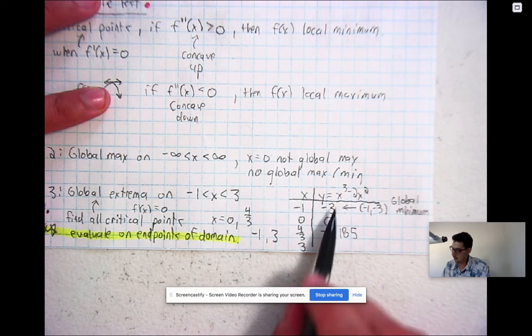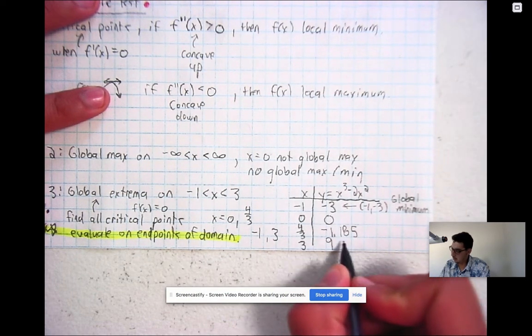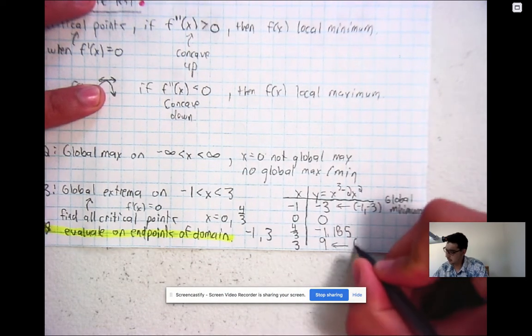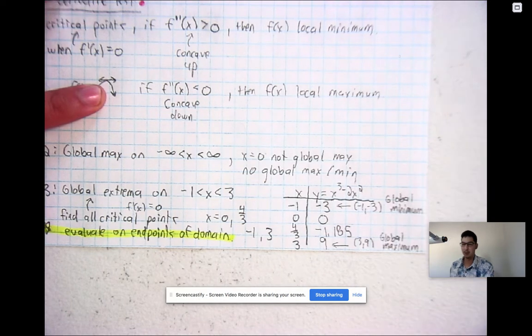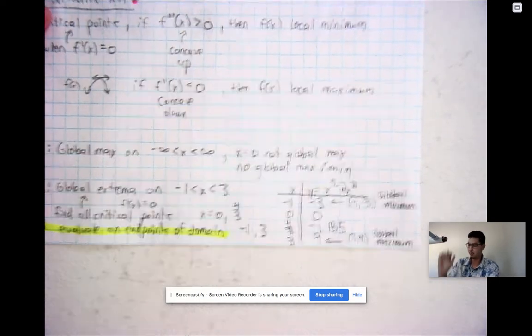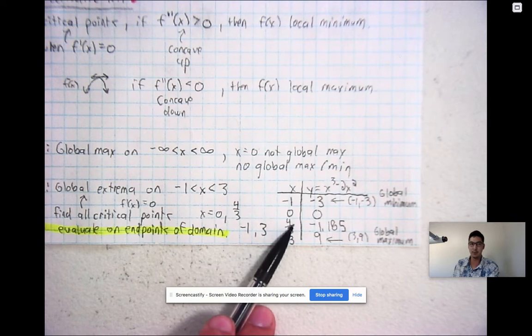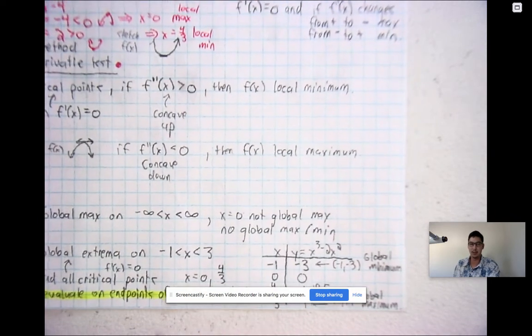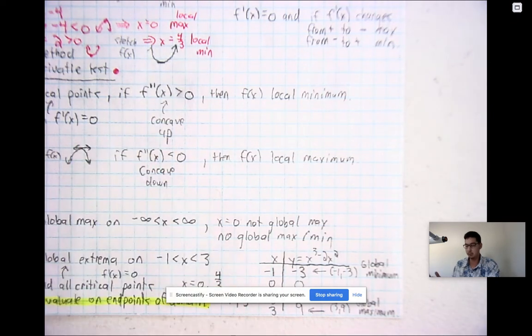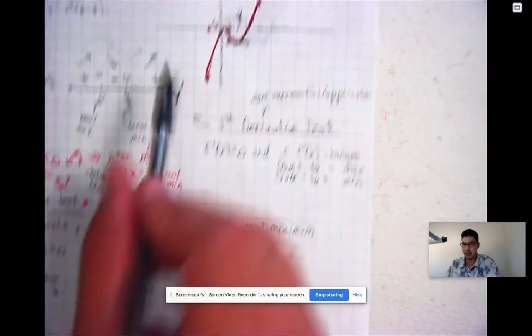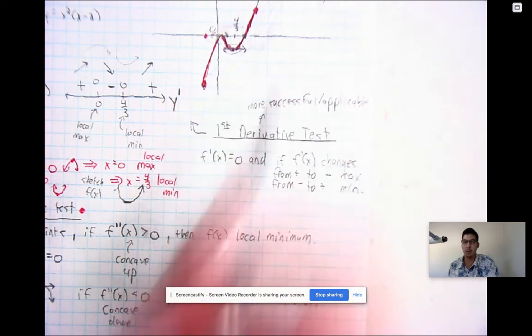And notice that at 3, 9, that is now my global maximum. So earlier in this problem, we were saying that 0 and 4/3, if I scroll up just a little bit, were the local max and local min, and that's true. In its surrounding points, it's the highest point, lowest point.